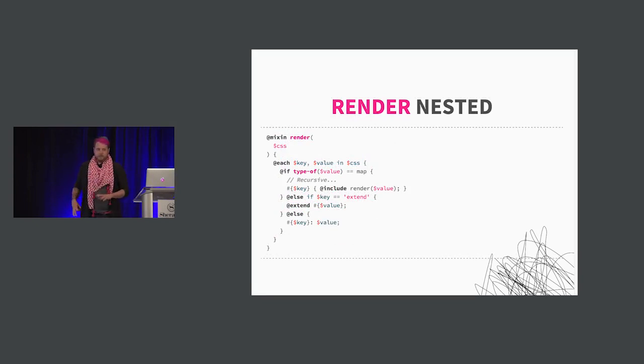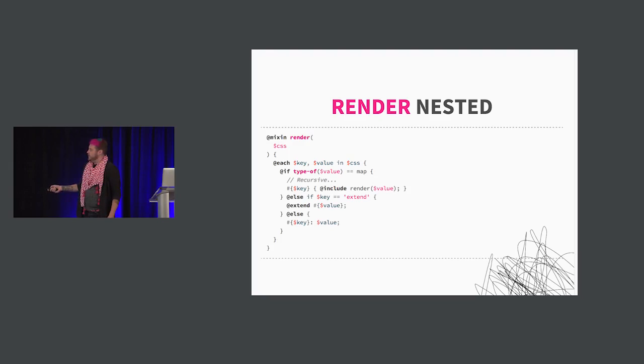So here's a beefed up render that just checks for each key value in the CSS map that we're looking at. If the type is another map, then we consider it a nested block, and we output it as a selector, and then whatever is inside, recursively calling the render function. So it can nest this as far as it needs to.